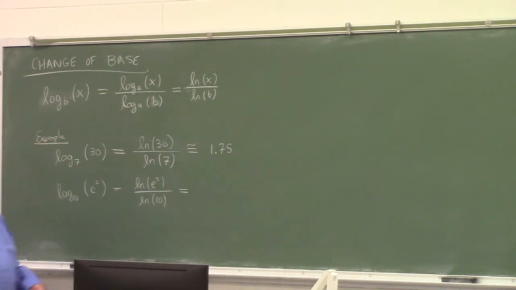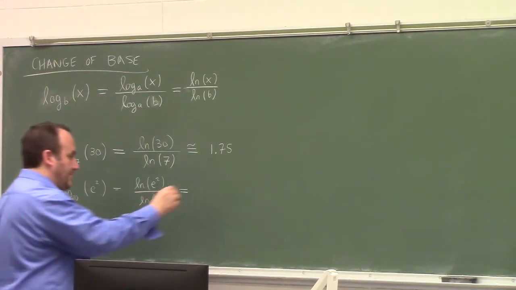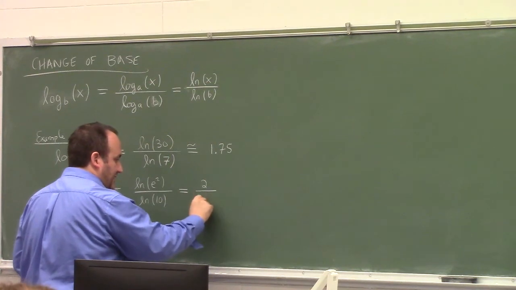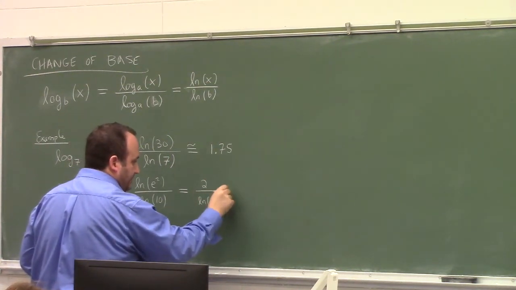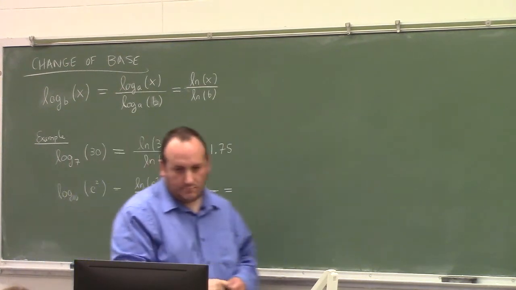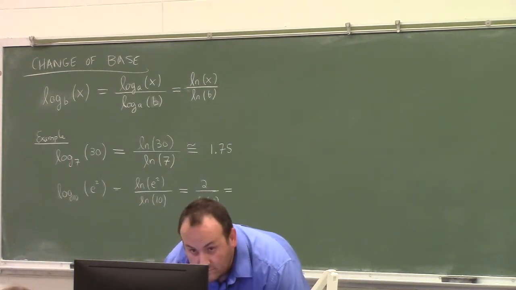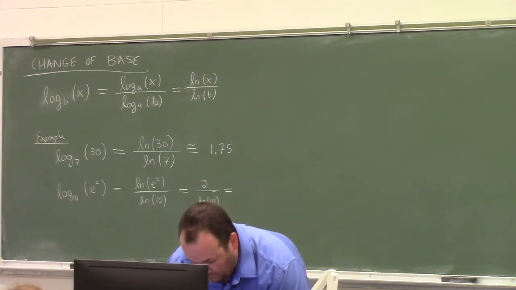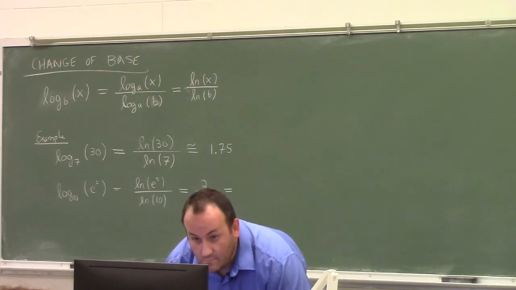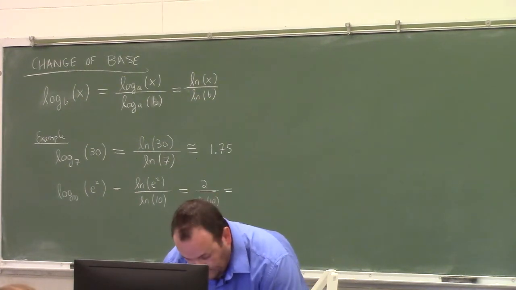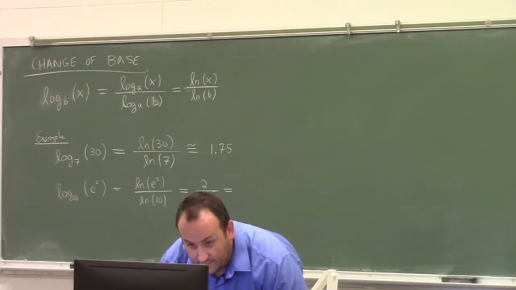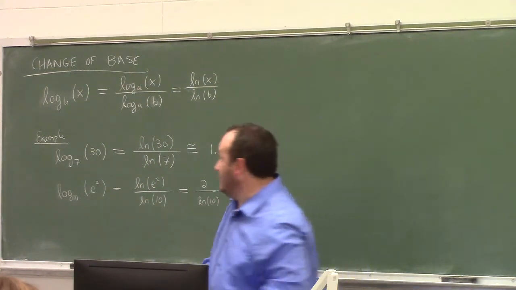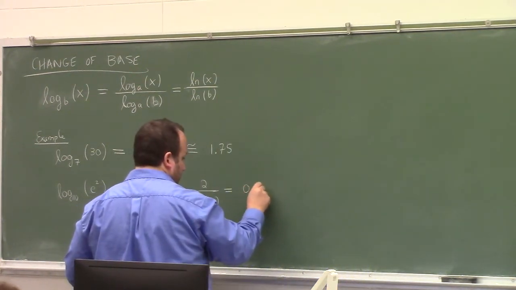The natural log of e squared is just 2, so it's 2 divided by the natural log of 10, whatever that is. I get 0.869 approximately.